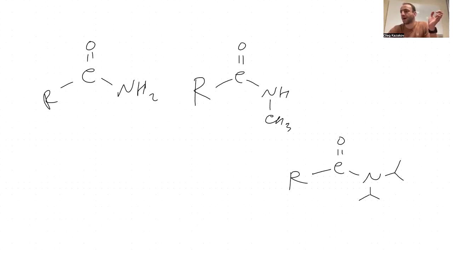So what else? Amides are typically named after the respective carboxylic acid from which they were derived. For example, take acetic acid, which looks like this, COOH.